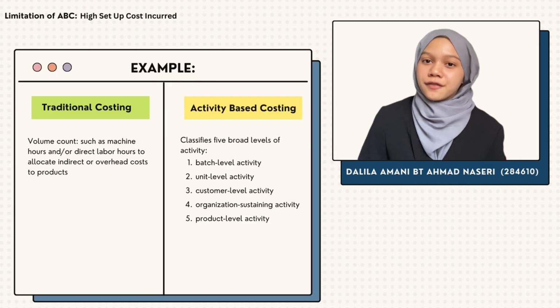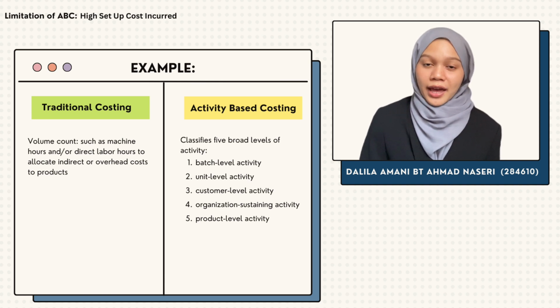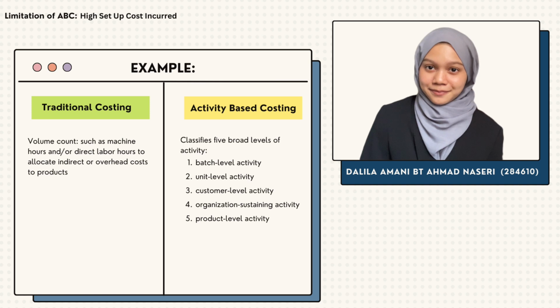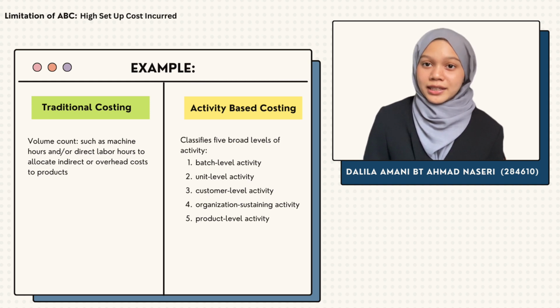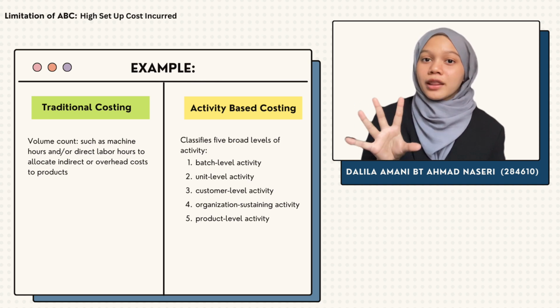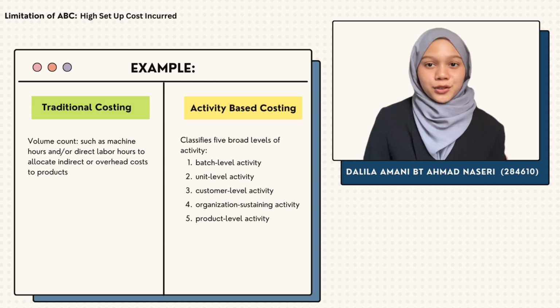Okay, to justify more of this point, we shall see the example. Here is the difference between traditional costing and activity-based costing. Unlike traditional cost measurement system that depend on volume count, such as machine hour or direct labor hours to allocate indirect or overhead cost to products, the activity-based costing system classifies 5 broad levels of activity that are to a certain extent unrelated to how many units are produced.